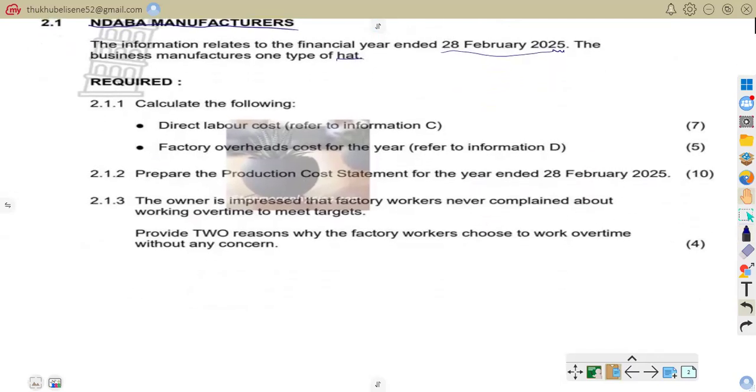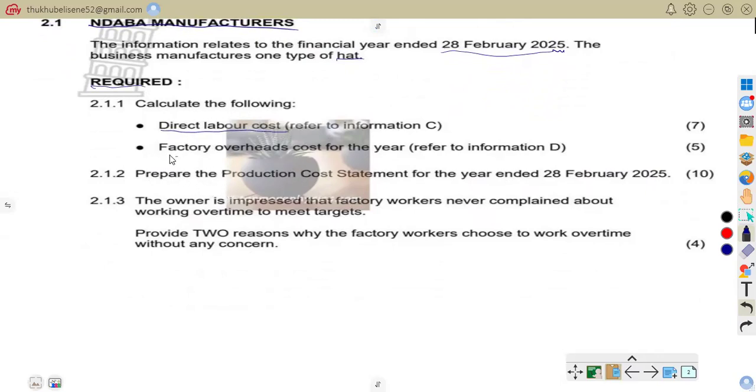Now required: calculate the following. We are to calculate direct labor cost, and we are to refer to information C. Information C is very important information that is going to help us calculate direct labor cost.